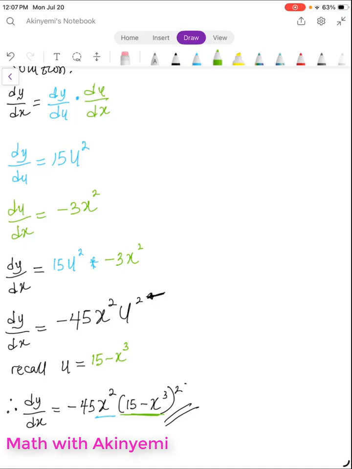That is chain rule. So in the next video we'll be showing you how to easily solve chain rule without having to go through this long method.